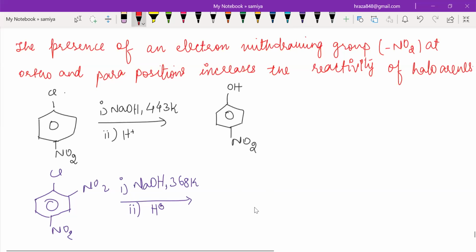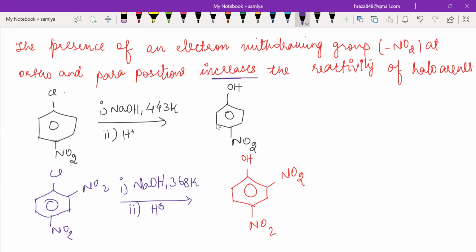So the product will be, you can see, OH, Cl will be replaced by OH and NO2 was at ortho with respect to Cl. So you can see if an electron withdrawing group is added to this chlorobenzene, this increases the reactivity of haloarenes, and that's why the condition decreases. Please write it.